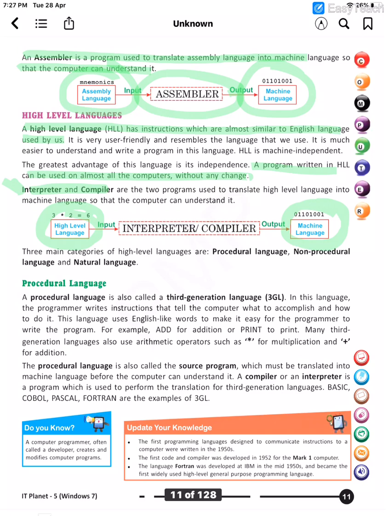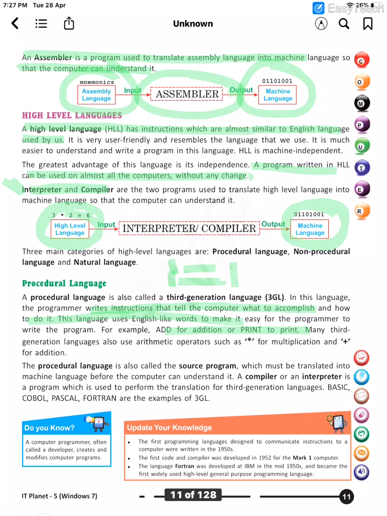Okay. Now, what is a procedural language? It is one in which the programmer writes instructions or a process. Process in the sense that, suppose you are writing add, print, it will be executed one by one. That means line by line execution goes on in a procedural language.